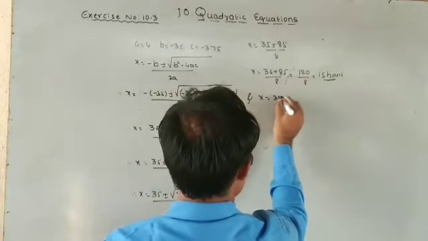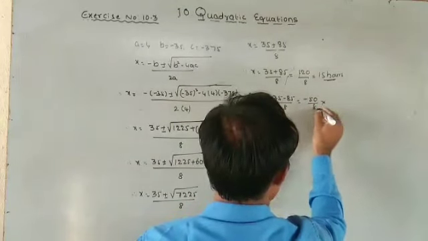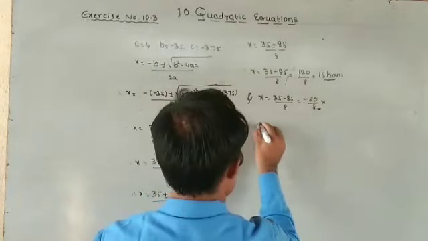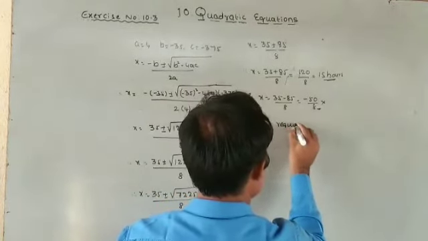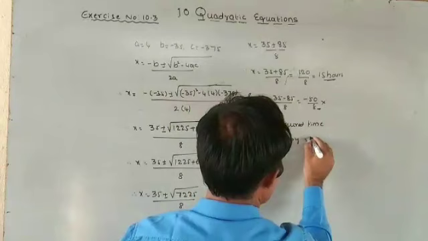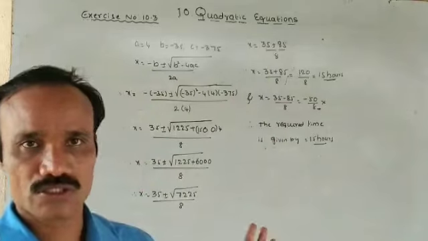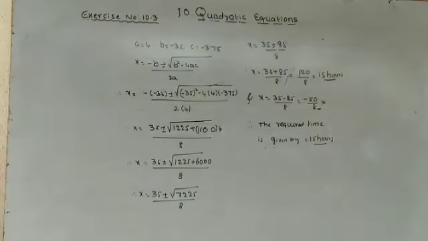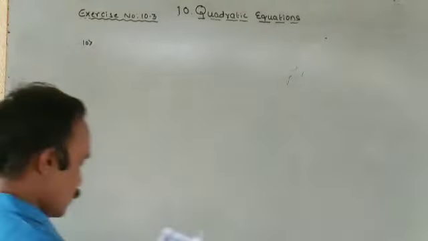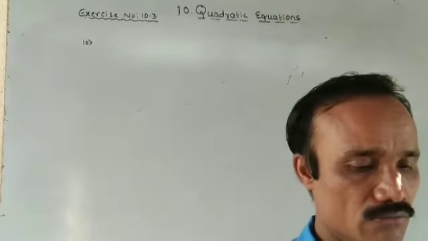Next, first you have to calculate the portion of the tank. Therefore, the portion of the tank filled by the larger tap in 1 hour. 1 hour means 1 divided by x.